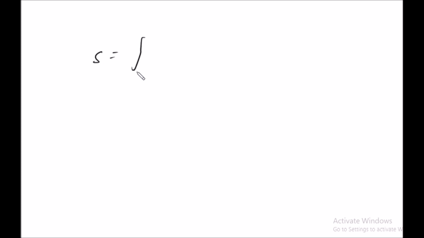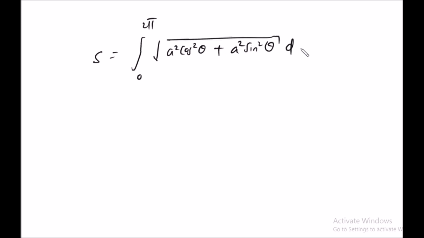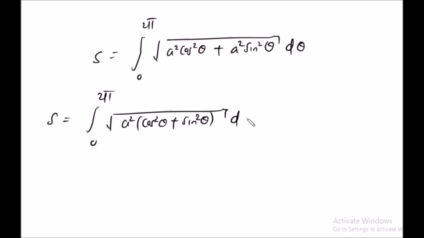Yes, ni sawa. Integrate from 0 to 2 pi the square root of a squared cos squared theta plus a squared sin squared theta with respect to theta. So tuanje a squared there. We're going to integrate from 0 to 2 pi the square root of a squared times cos squared theta plus sin squared theta with respect to theta.